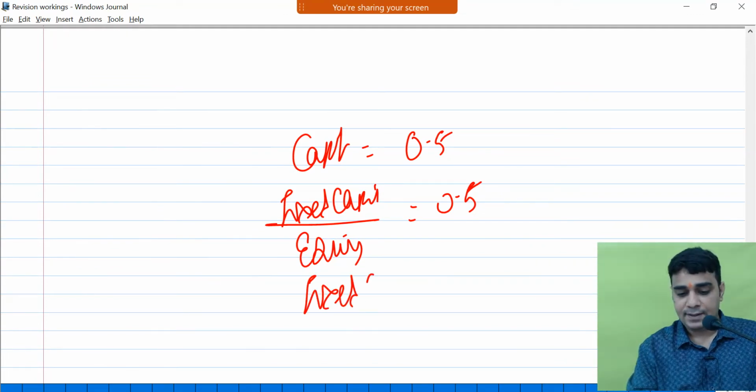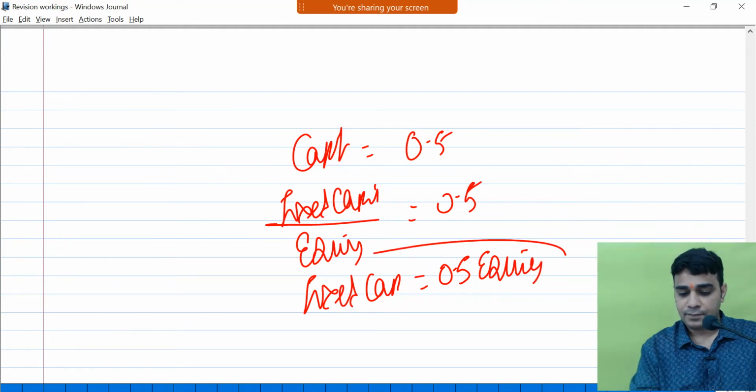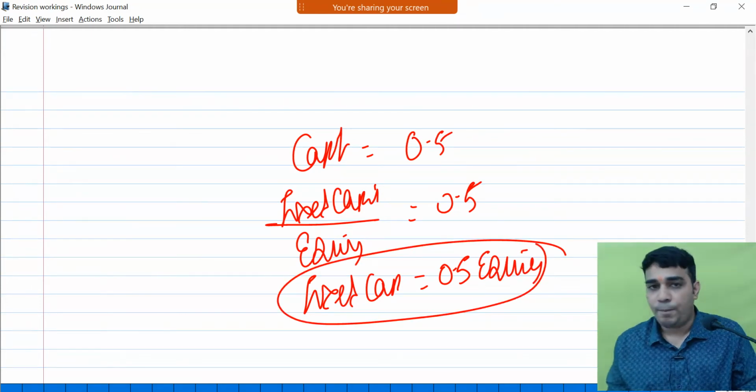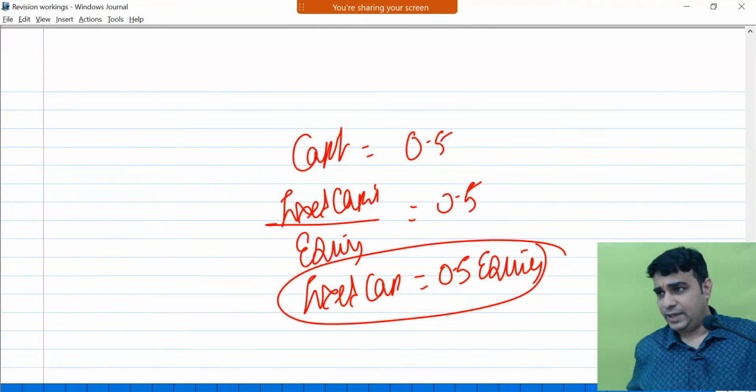Fixed capital is equal to 0.5 of equity. I don't know the equity as of now.